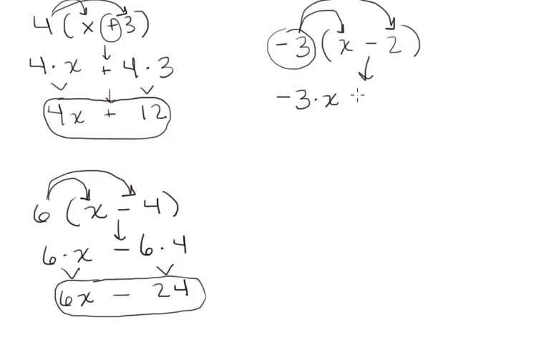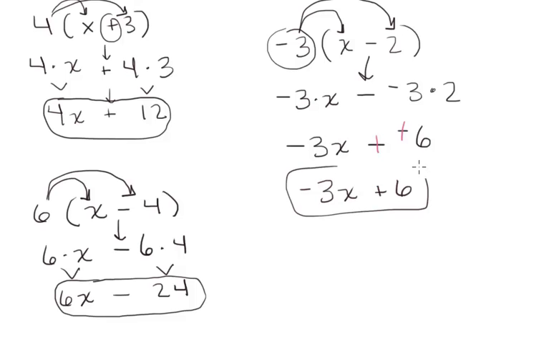Bring down this minus negative 3 times 2. Well, this is negative 3x minus negative 6. Well, when I subtract a negative, this becomes positive. So I will have negative 3x plus 6 as my simplified answer.